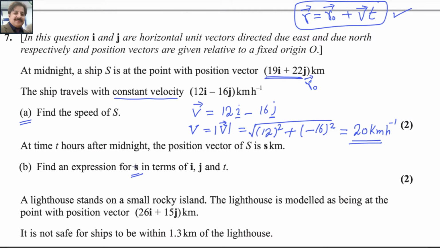But we have to write the expression as s, so s is r, and this is s naught, the starting distance, plus vt. This is also the displacement, and v gives you the direction in which it will move. It will move 12 units right and 16 units down. That's it.